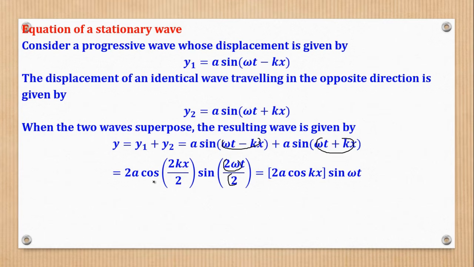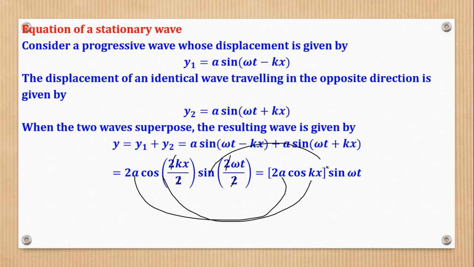If you have not yet covered it in trigonometry, I encourage you to first watch that video in mathematics on trigonometry, especially the part on the factor formula, because that is what we need each time there is superposition of a wave. Then I simplify this one, these 2 cancel and these 2 cancel, so I remain with 2a cos kx sine omega t.